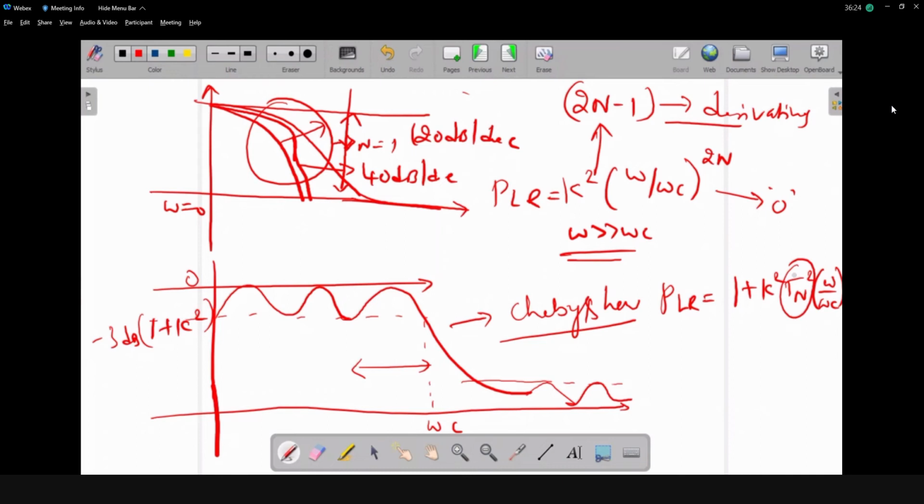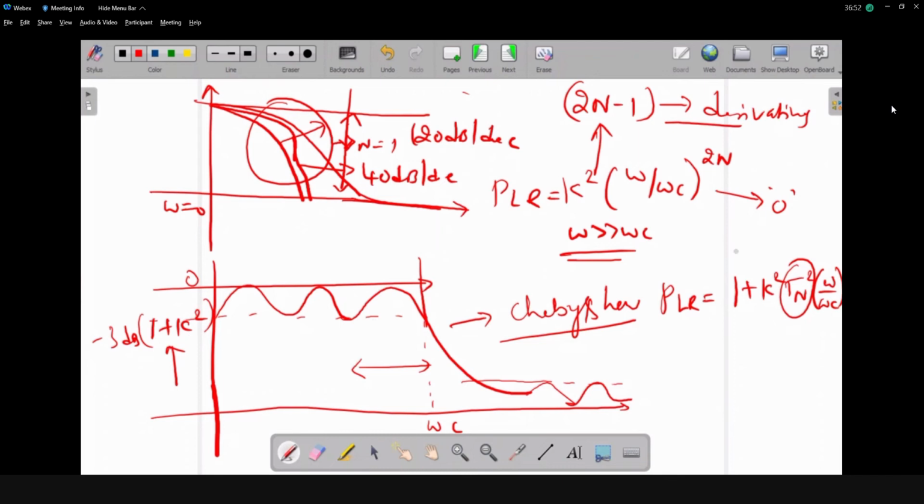That means a sharper cutoff will result. Although the passband response will have ripples, from here to here, we will have the 3 dB down, that is exactly the same as the maximally flat filter, which has 1 plus k square.